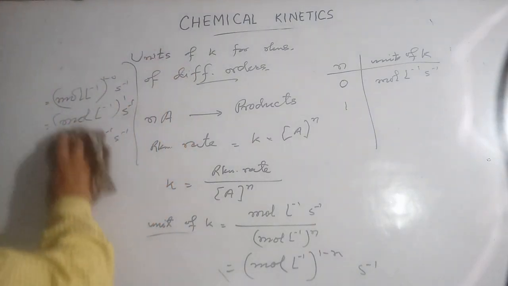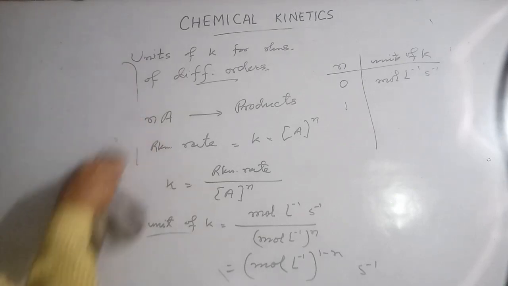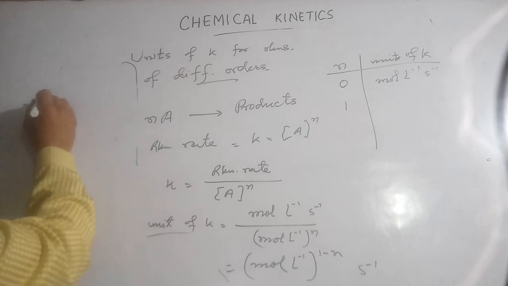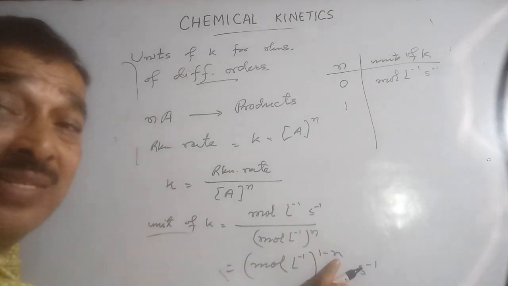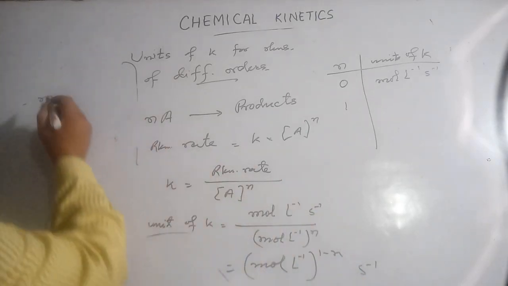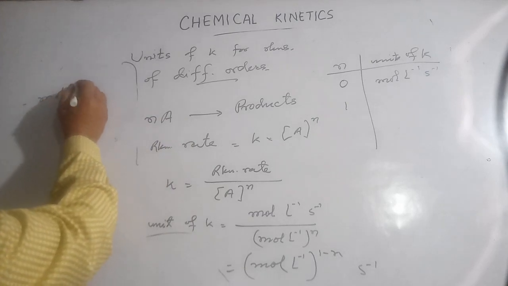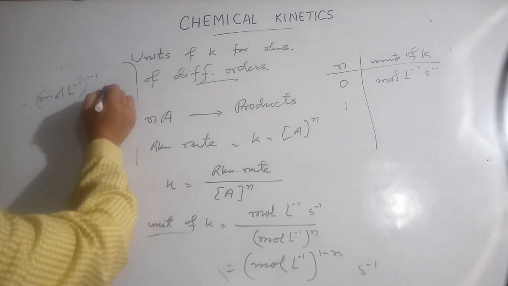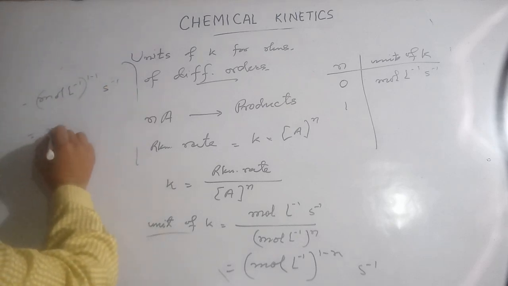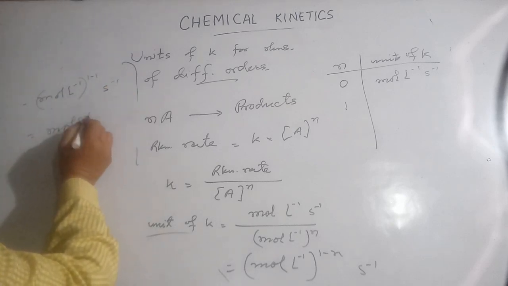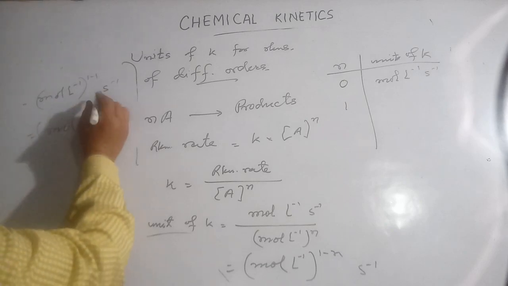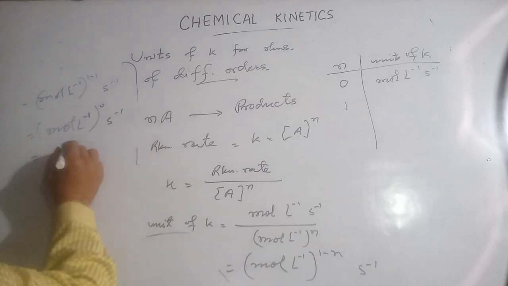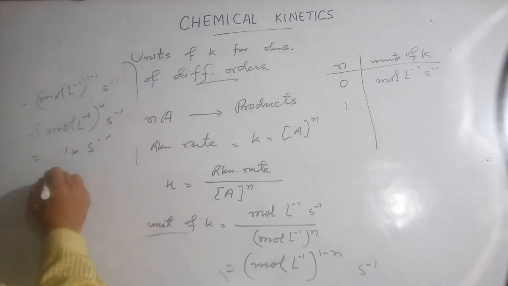Now, if the value of n is 1, you do the calculation by yourself and find out. You can very well see here: put the value of n as 1. Mole per liter to the power 1 minus 1 per second, that equals mole per liter to the power 0 per second, that equals 1 into per second.